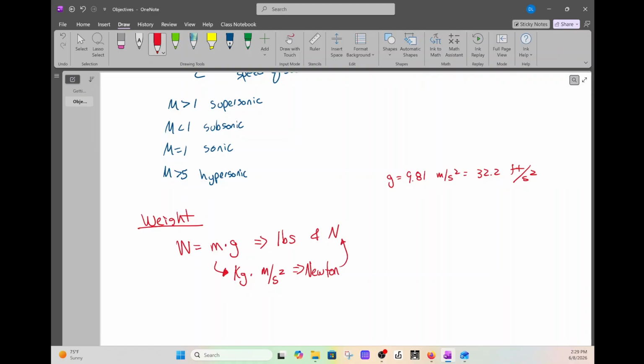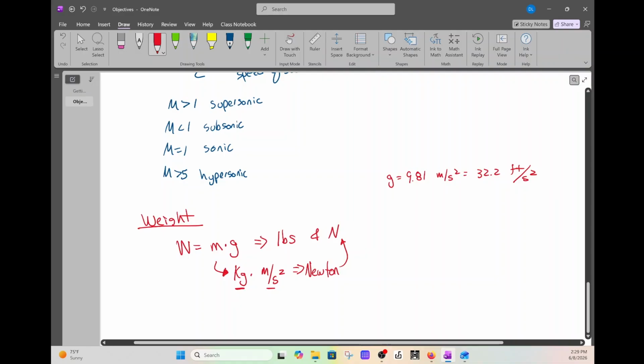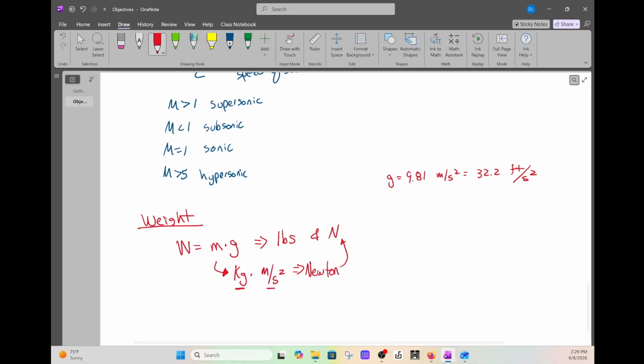It's a force. It's weight. Okay. You have to make sure you're using SI units. So if you're using English units, which is like feet, pound mass, okay, compared to SI, which is kilograms, meters, second squared, you want to make sure you're using the correct units.